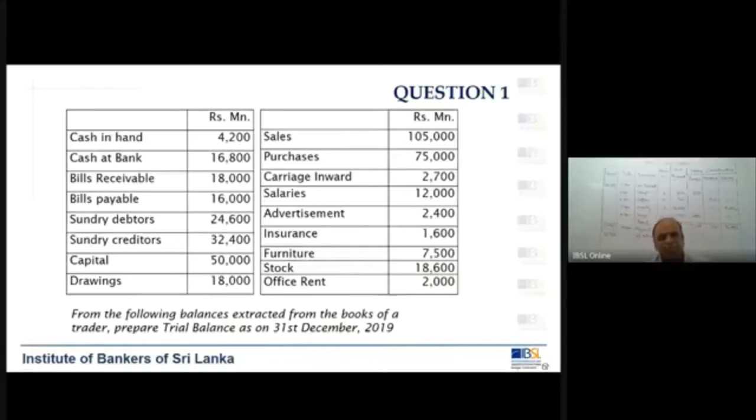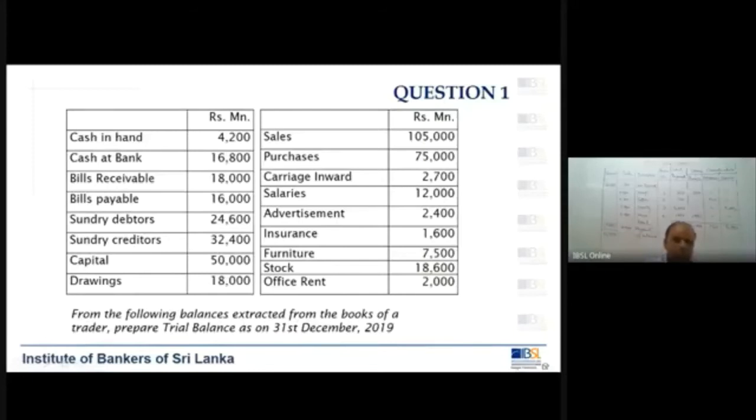First, you have to identify whether this account belongs to an asset, liability, capital, income, or expense. These are the 5 types that we have. So when you are doing this question, I would want you all to mark each of these accounts, whether it is an asset, liability, income, expense, or a capital account. You can mark it on one side, or maybe mark it here itself, right?